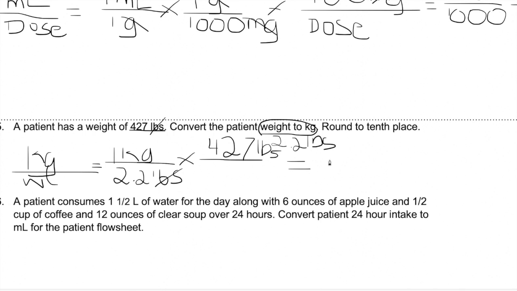Now, last but not least, what we're going to do is divide 427 by 2.2, which is going to give us a total of 194.09.